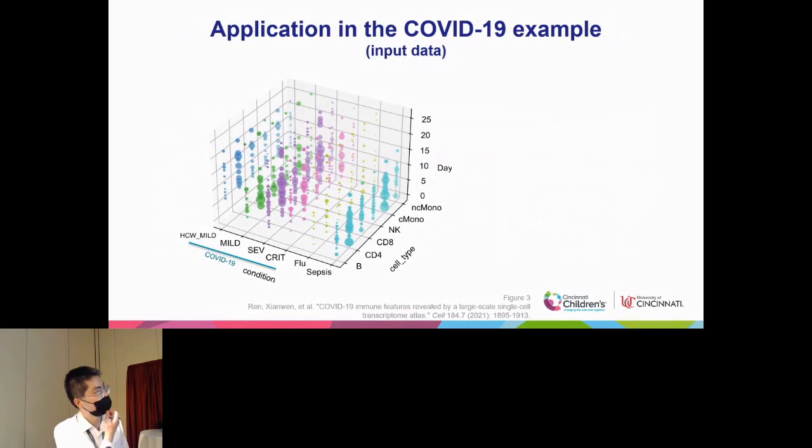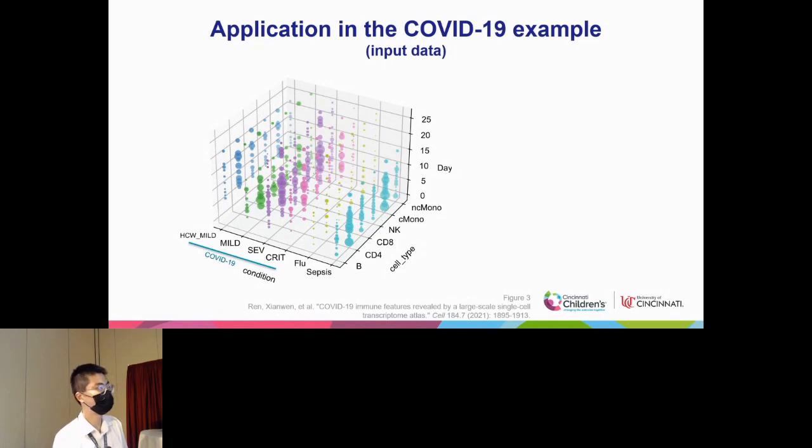And with the benchmark result, we want to see how it performs and how it can be applied to real datasets. So actually, we applied it to a large-scale COVID-19 example, where you can see from the x-axis, there are 6 conditions, including 2 mild COVID-19 conditions, 1 severe COVID-19, and 1 critical COVID-19. In addition, we also include 2 other infectious diseases, including flu and sepsis.